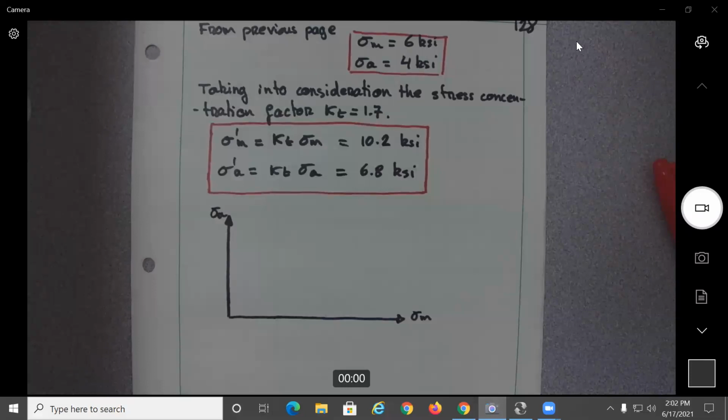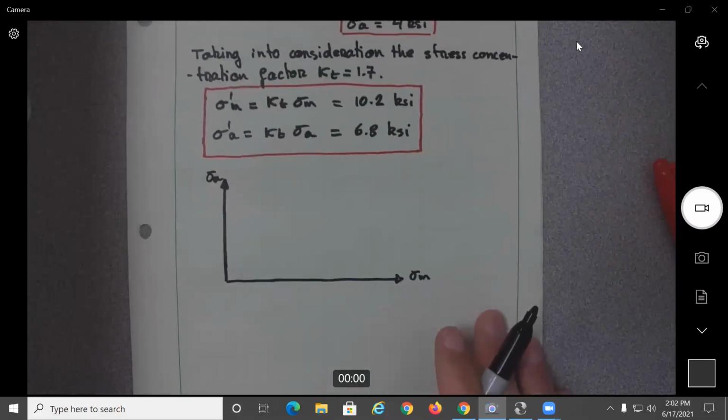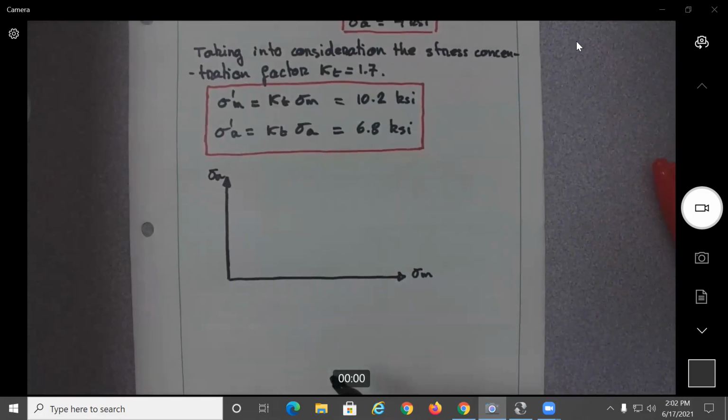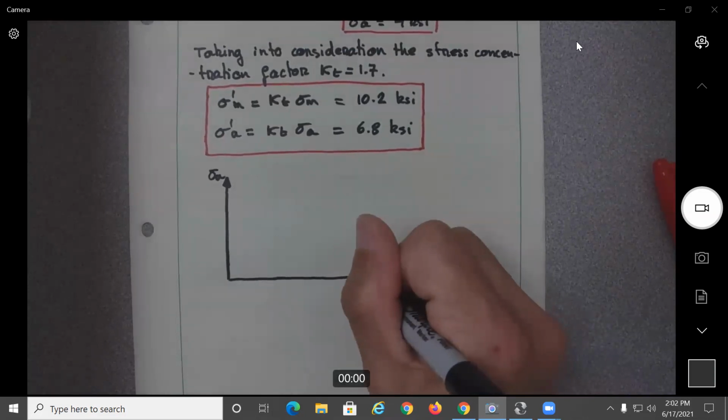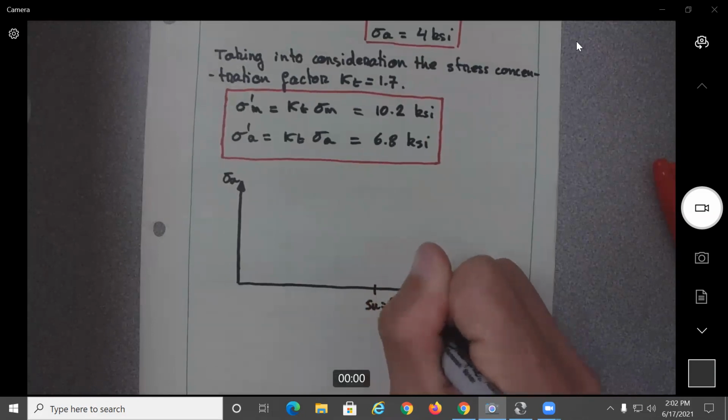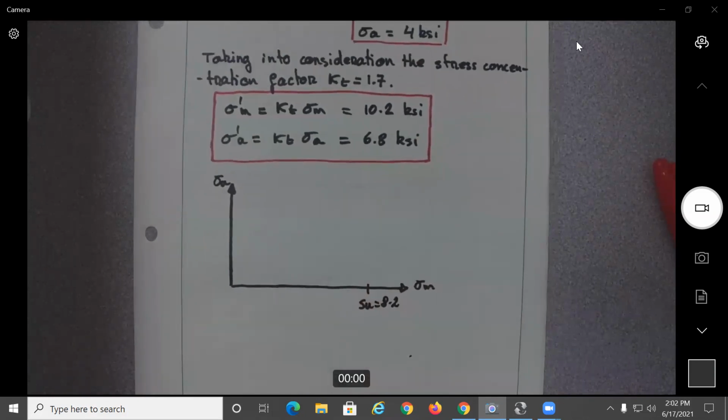So again, we can do one or two curves, but what do we know from the problem? We know the ultimate stress is 8.2. So if you want, we can put here S of U equal 8.2.